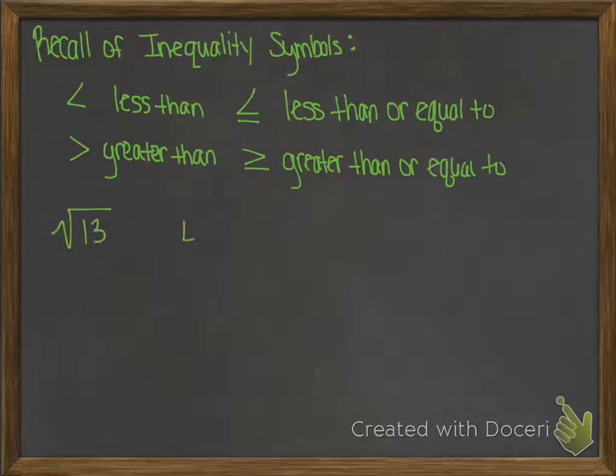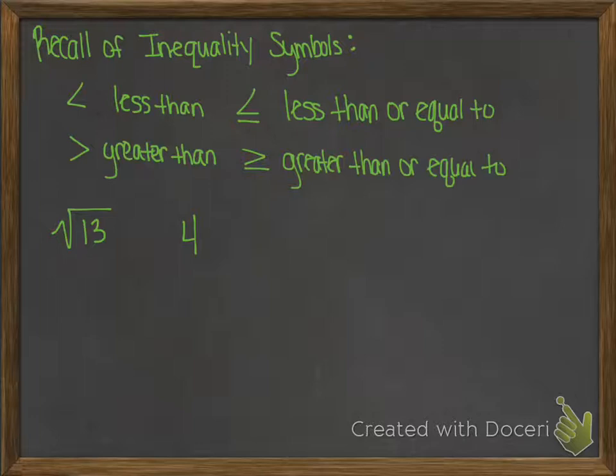Okay, you're going to have to compare, and really this is a review. Anytime it says compare, you're going to think inequality symbol. Now, if two numbers are equal to each other, then you're going to put in the equal sign. But if not, we're going to use an inequality symbol. First number I have is square root of 13. Think, between what two numbers does the square root of 13 fall?